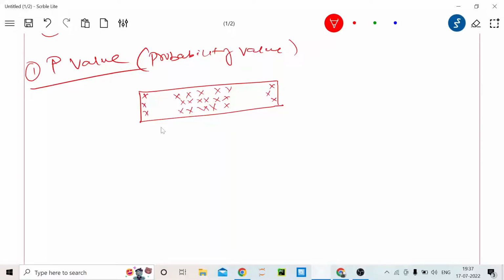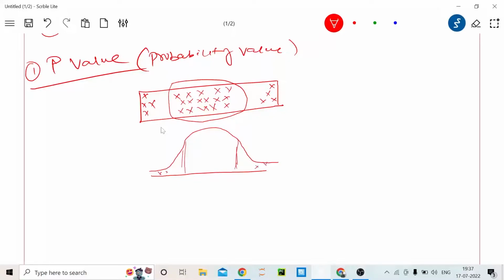There are very few chances you will press the space bar in the left corner or the right corner. Most of the time you will press it here. If I construct a normal distribution, it will look like this: most likely I hit the middle position, and very rarely the left position.